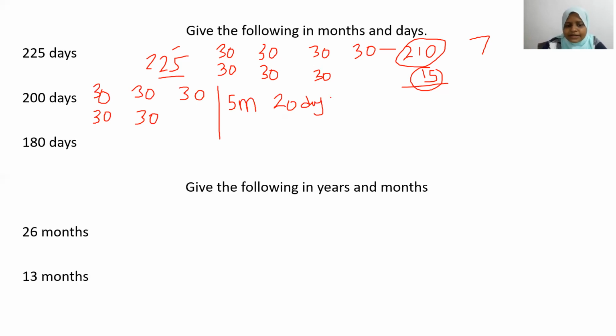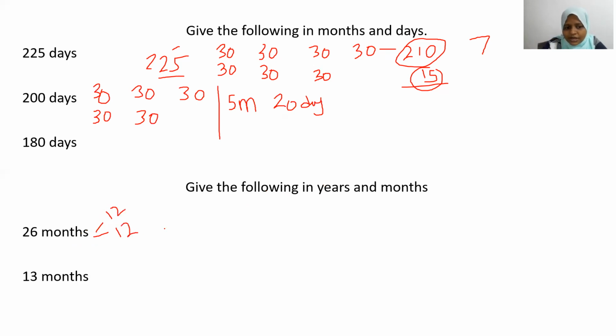Okay, the same method applies here as well, where you have to write this in years and months. 26 months, how many years? So you know 12 months is 1 year. Out of this 26, we'll take the 12s out. If you take 1 12, another 12 out, it's 24.